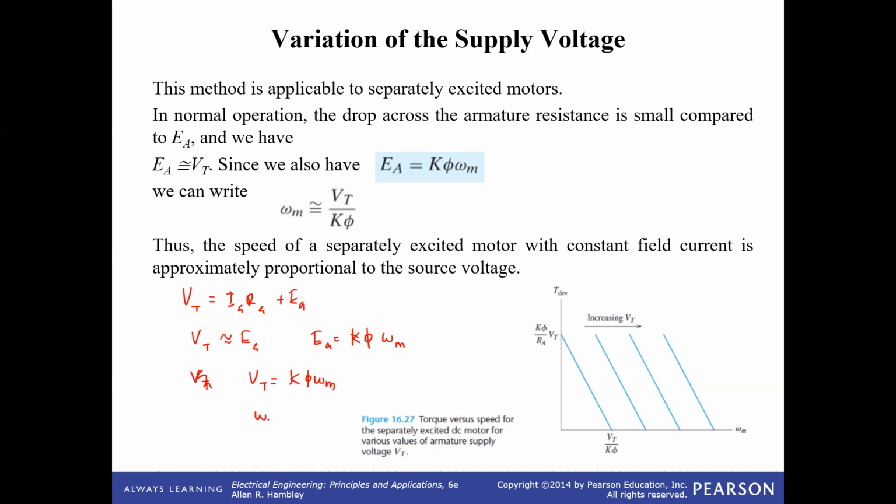The speed is Vt over K flux. So to increase the speed, you need to increase the voltage supply.